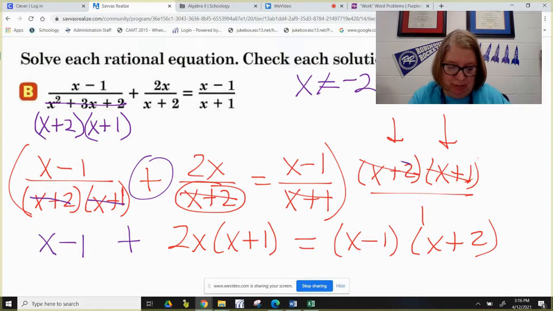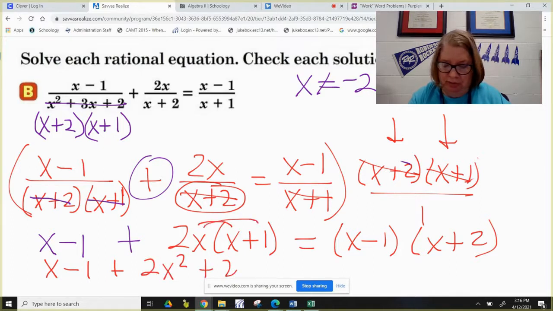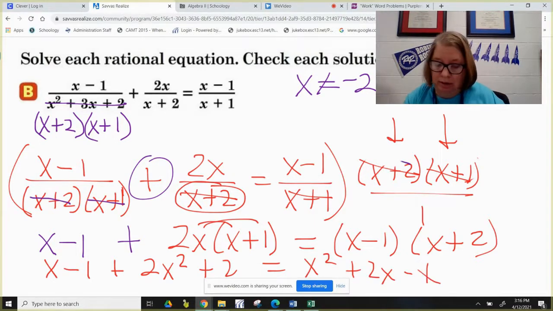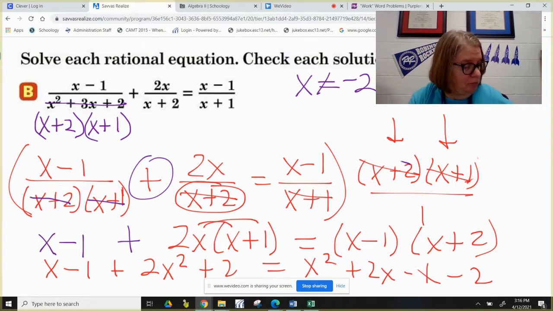Okay, now we're going to simplify this. We're going to distribute. So I have x minus 1 plus 2x squared plus 2, that's here and here, equals x squared plus 2x minus x minus 2.